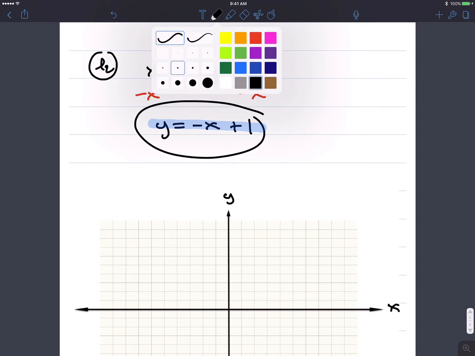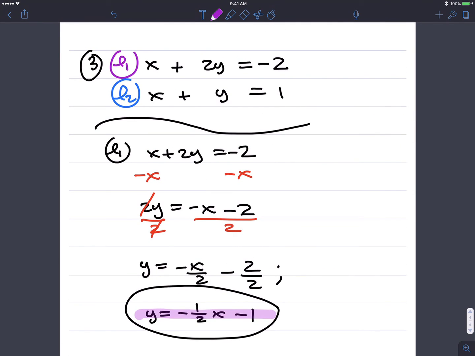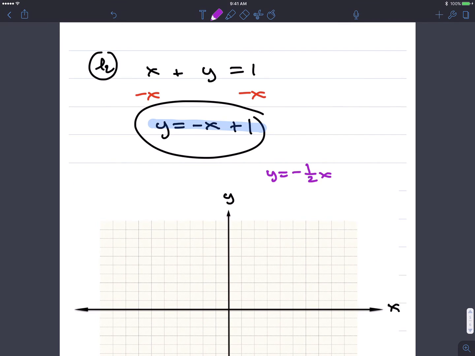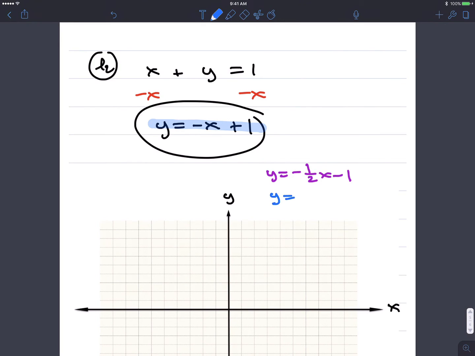Let's put it right here. Y is negative 1/2 x, let's double check, minus 1. And the blue equation we'll put as y equals negative x plus 1. Alrighty.